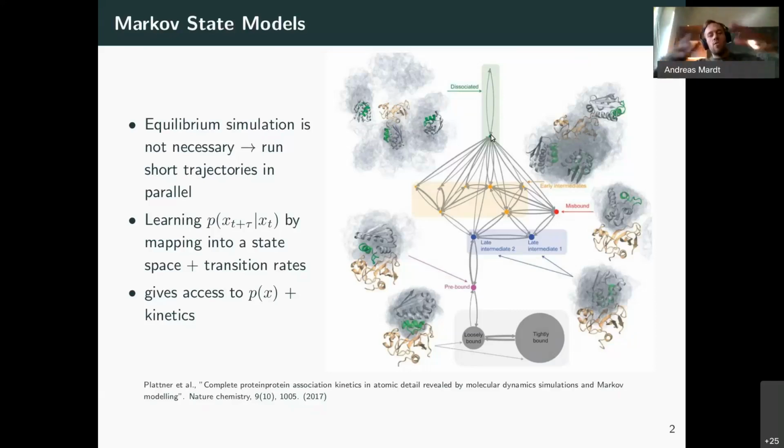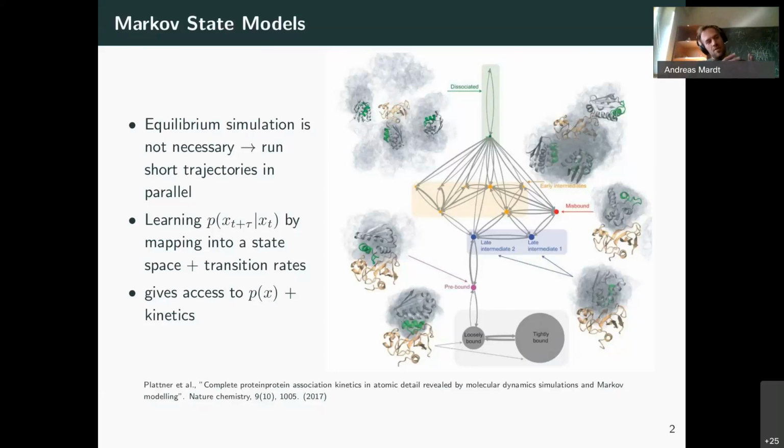By this, I can really explore the landscape of the protein. Okay. And the nice thing is, if we have now learned this conditional distribution, we also have access to the stationary distribution and the kinetics. And by this, we can really understand the protein.